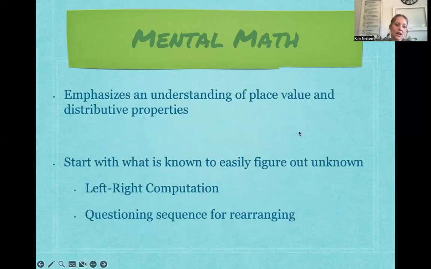And so as you're learning about this mental math part of the curriculum, there will be different techniques that they'll do. And again, the emphasis is on place value and the distributive properties. And so that, again, is those number bonds and how numbers can be broken apart and used.